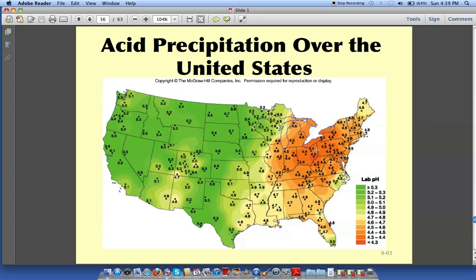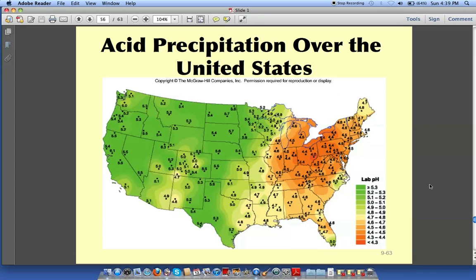Major cities up here put all this pollution in the air, and it does come down. And Canada up here, of course, they're doing their fair share of factory pollutants and so forth, and that rains on us.